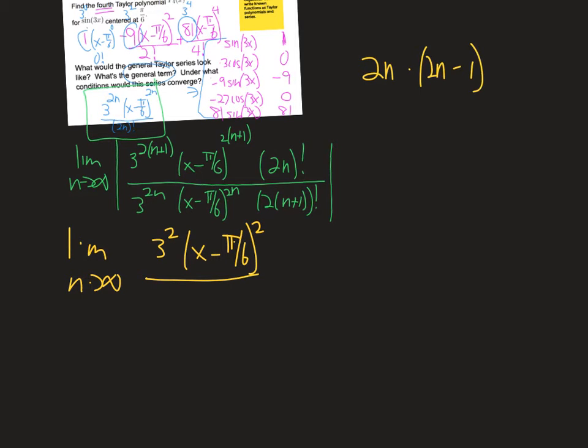Now let's consider this. That gives us the limit as n goes to infinity. 2n plus 2 minus 2n gives 3 squared, and then x minus pi over 6 squared, over 2n factorial, which is 2n times 2n minus 1, and so on down to 2 and 1, and then we've got 2n plus 2, 2n plus 1.